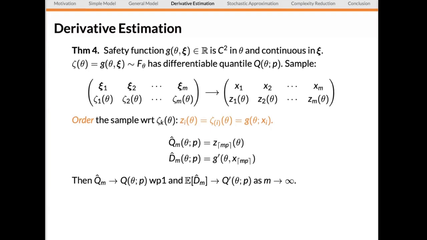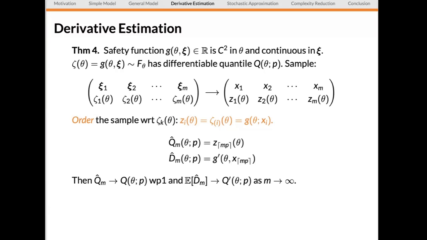All right. Now, the estimation of the quantile is the same as before. That's exactly the same. And the new result, which was rather surprising, and some people didn't believe that this was right, but I think it is right, and I proved it for some conditions, is that the derivative of the quantile can be estimated in this way.